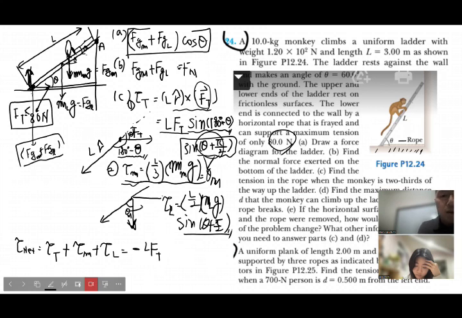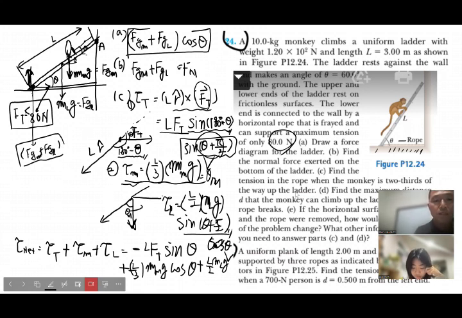So that is minus L Ft sine theta, plus L over 3 m_m g cosine theta, and plus L over 2 m_l g cosine theta. The net torque should be 0 in order to stay in equilibrium.